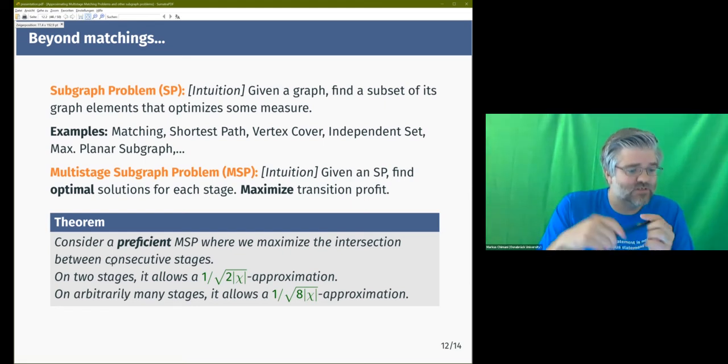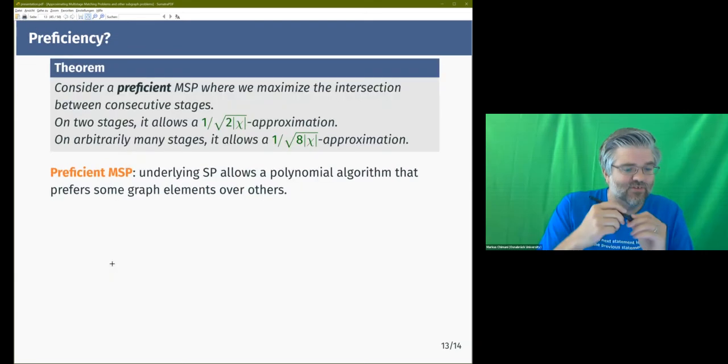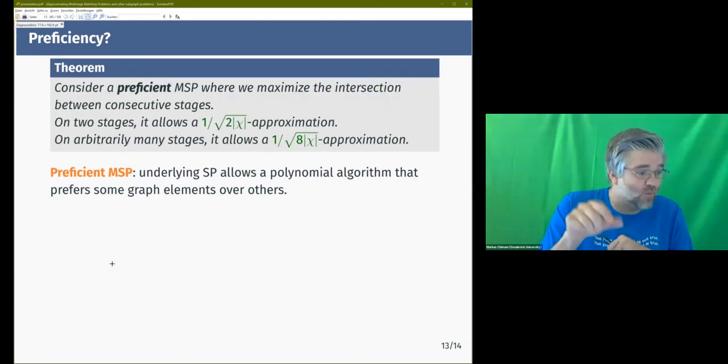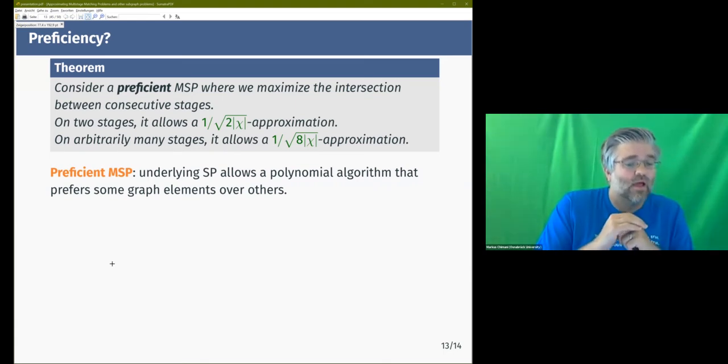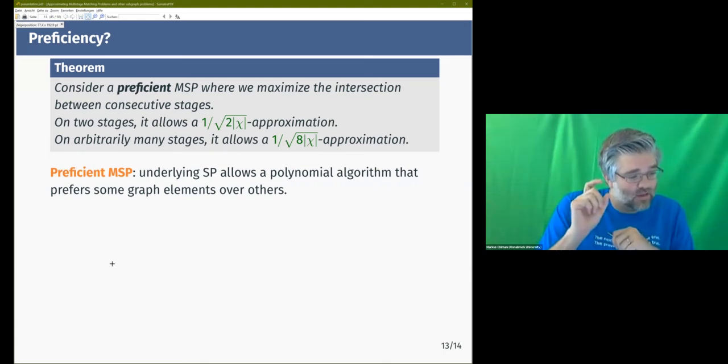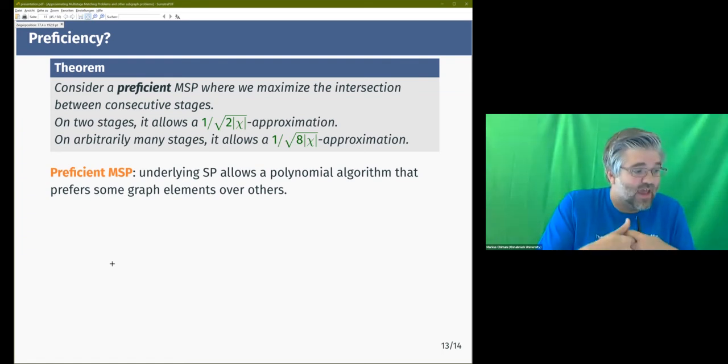Recall, proficient means that the subgraph problem can be solved in polynomial time because we want to have an optimal solution in each stage. So this needs to be polynomial time solvable. And it can be solved in polynomial time such that I can give you a subset of graph elements, edges or vertices, and these elements will be preferred in the solution.